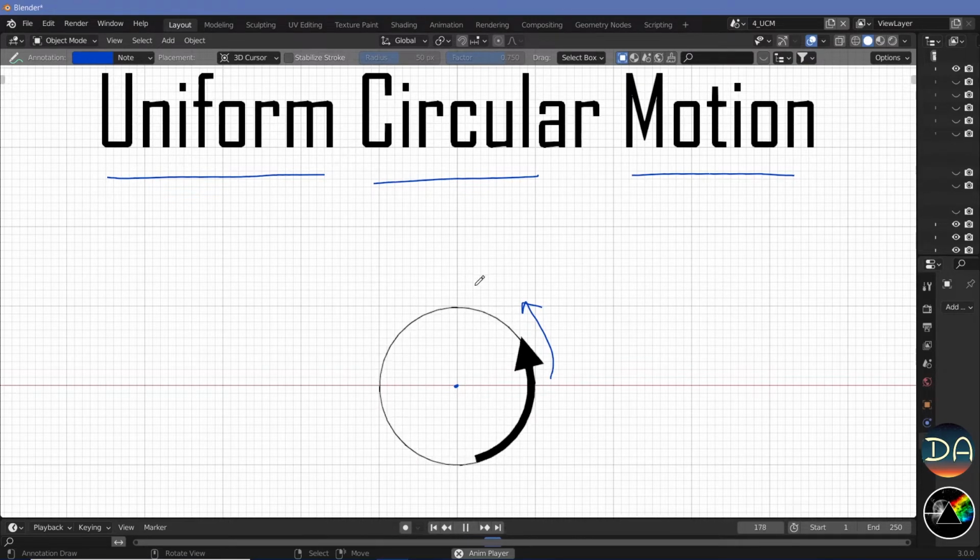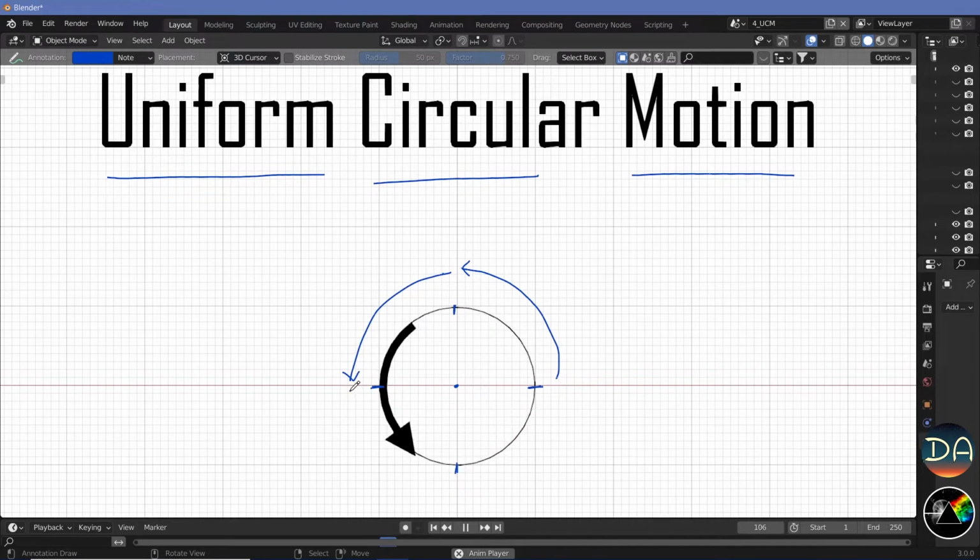Which means if we assume that it takes about 1 second for the object to go from this point to this point, that means this arc takes 1 second. That means that in the next 1 second, it should cover from here to here. In the following 1 second, it will cover this distance. And finally, in another second, it'll cover this much. So that is what creates uniform circular motion.